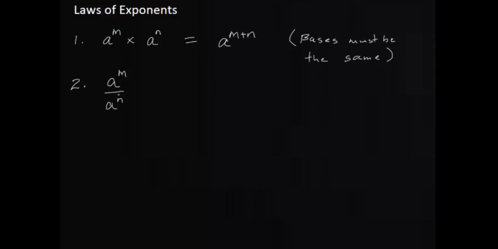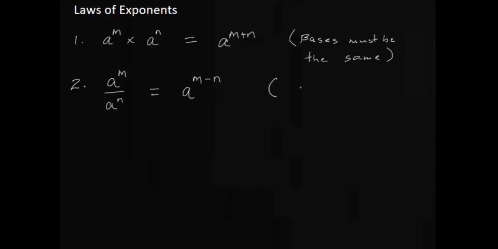In this case, we divide the first term raised to the exponent m by the second term a raised to the exponent n. In this case, the law says that if the bases of these two terms are the same, we can write the expression as a raised to the power of m minus n.